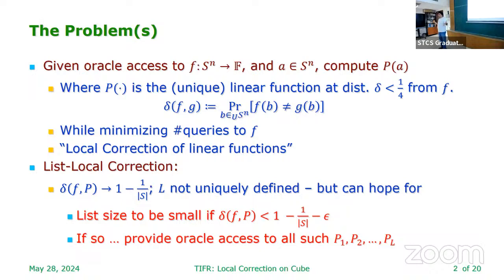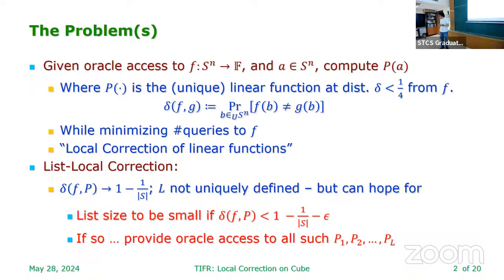And if the field is larger but constant size, this gives us a constant query way to recover the value of the polynomial everywhere. We don't have constant query methods to do this over the reals, for example.